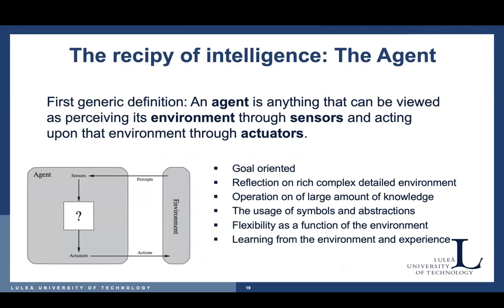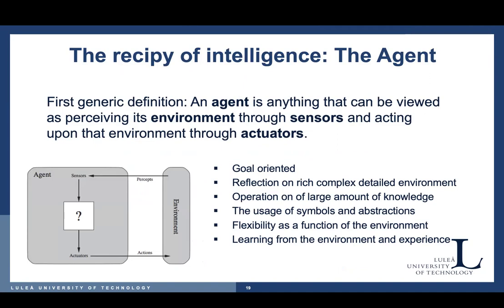When thinking about AI, this picture you probably have seen many times, but this is the central abstraction behind an intelligent being or an agent. So, agent as an abstraction of an intelligent being.